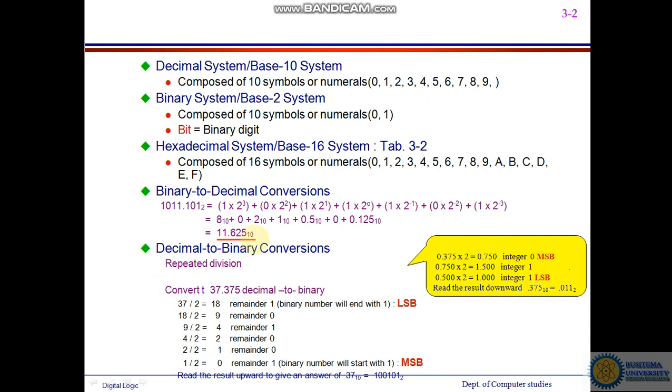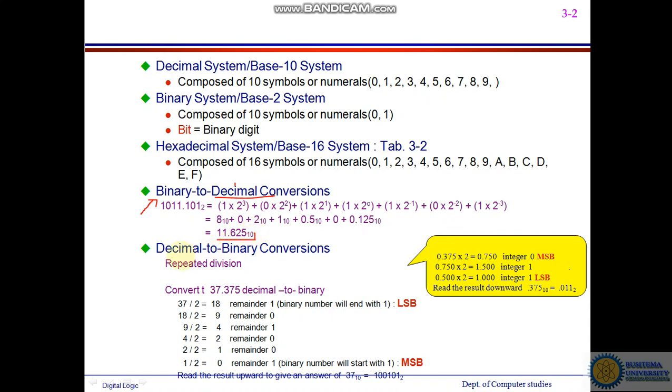Good. So now let's go to decimal to binary. Here we had a binary number, but we wanted to get a decimal number, which is this one.